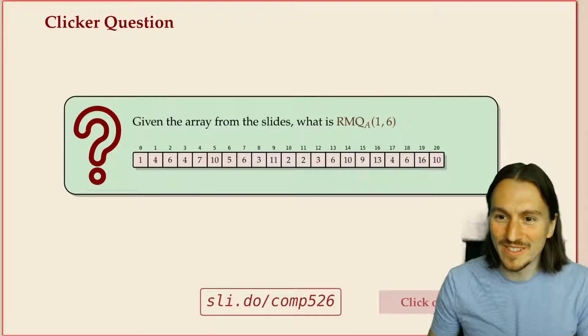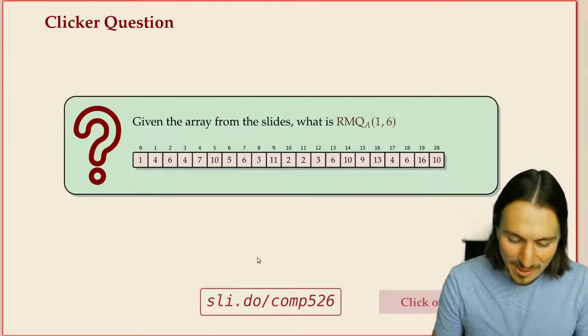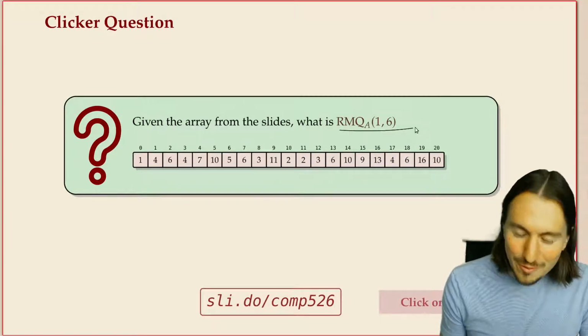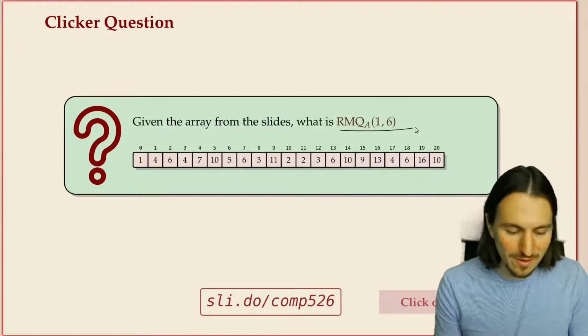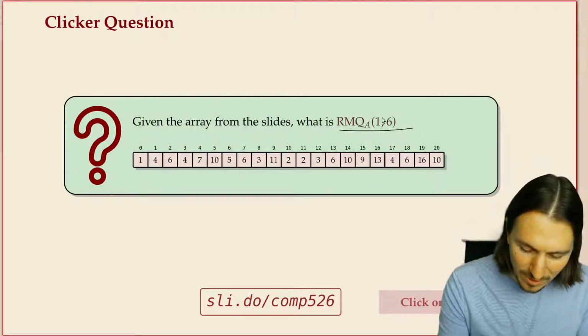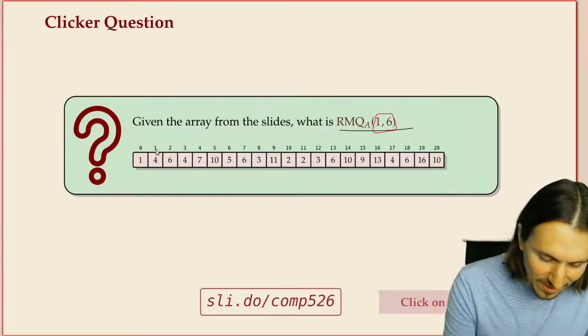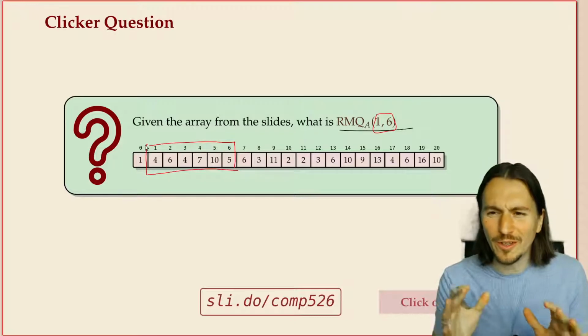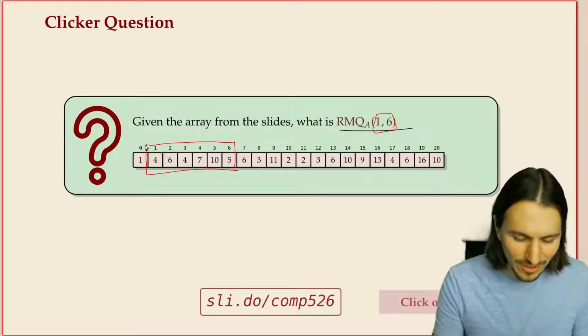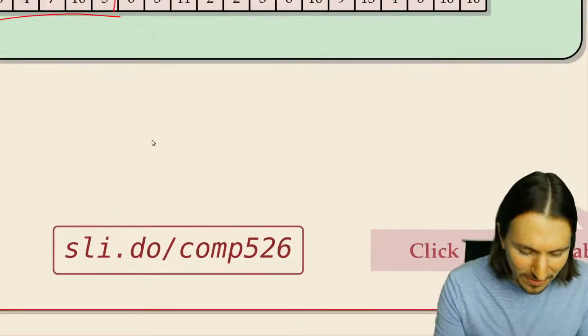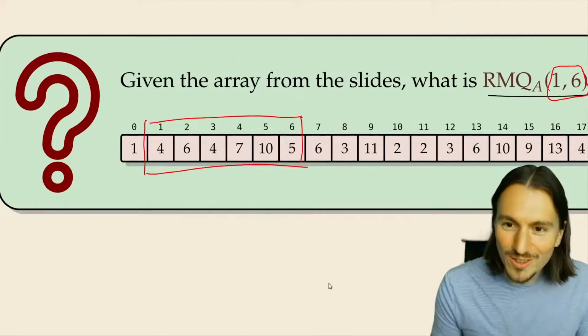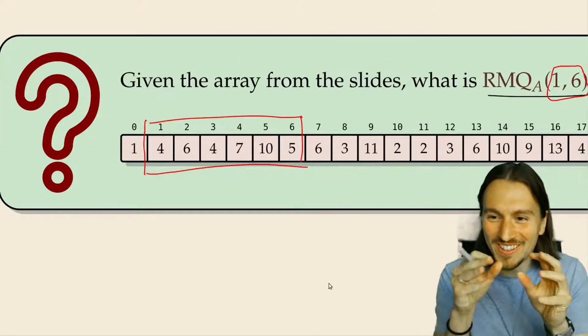So what does that mean? Range minimum query. First of all, we have to find the range that this is talking about. That's 1 up to 7, inclusive. We're only looking at this range of the array, this tiny portion.